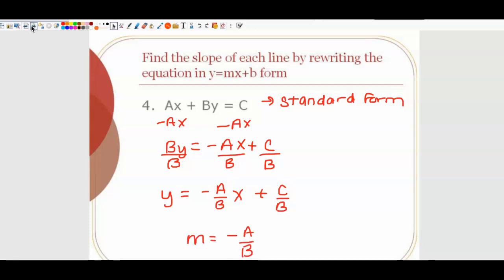And what that means is that the slope of an equation in standard form is always negative a divided by b. The slope from standard form is always negative a divided by b.